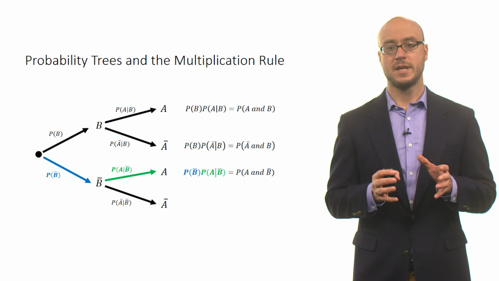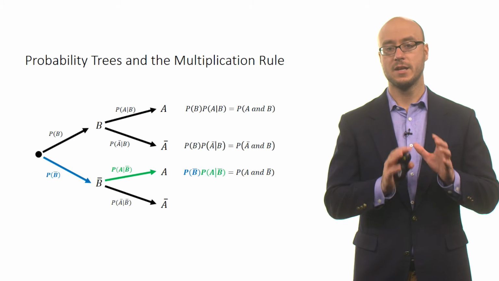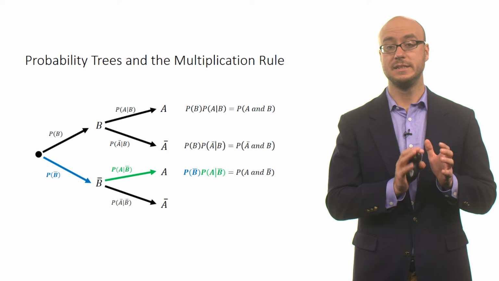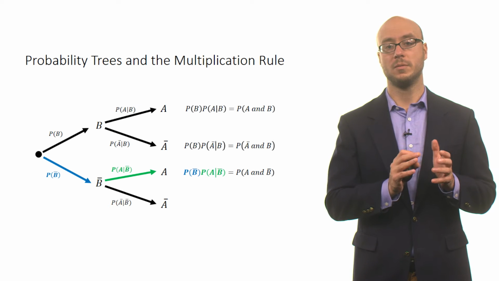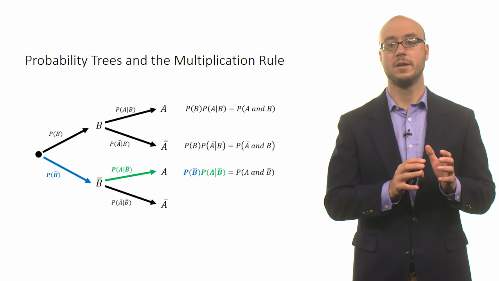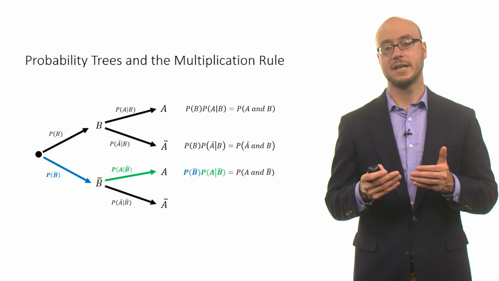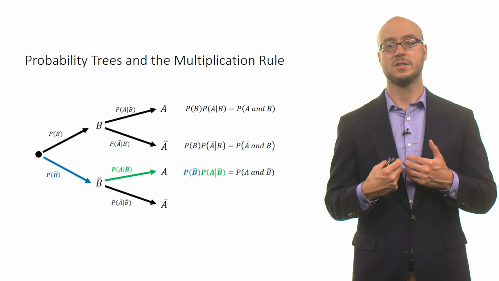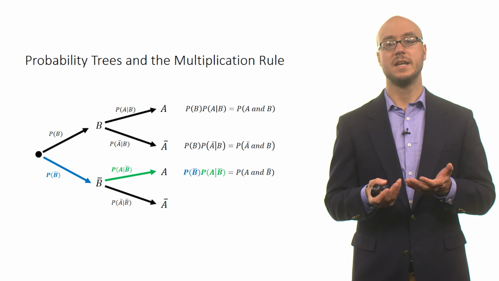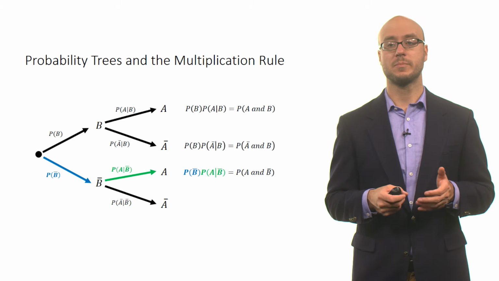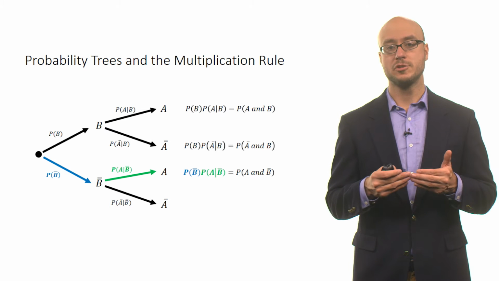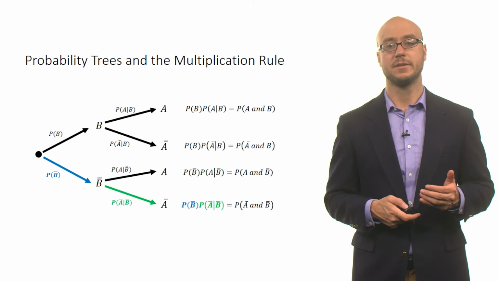That third set of branches, in this case, has a slightly different overall probability. We're conditioning on not B. So we have a probability of not B, and then that second green branch tells us the probability of A given not B. To find the joint probability of A and not B, you just multiply those two probabilities together.